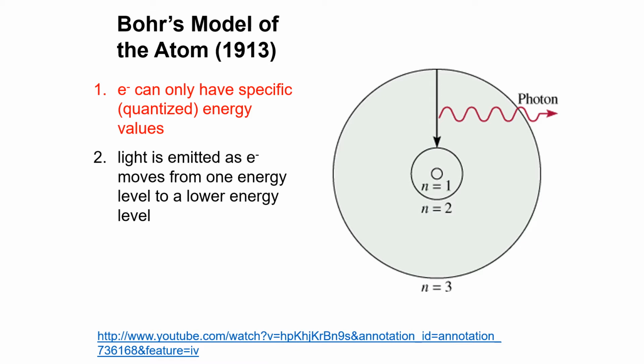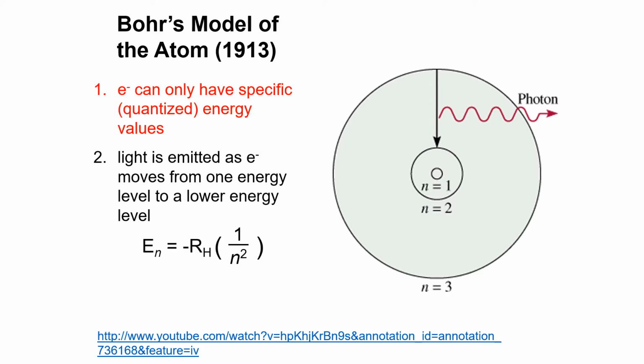The energy that's either acquired or released is equal to the difference in the energies of the two levels. Each energy level is designated by a specific value of N, the principal energy level, or the principal quantum number.